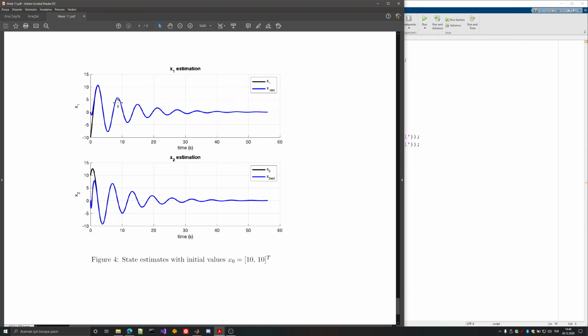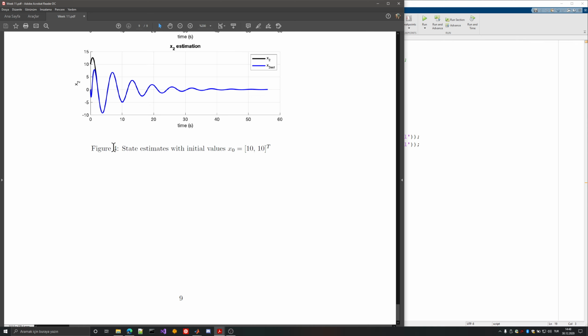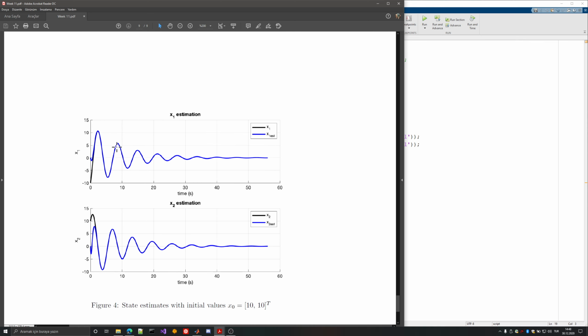After the settling time, it tracks the states in the steady state. So your steady state should be reached as soon as possible for your observer, so that you will use this measurement data to feed back or to control the system. So that is important here.